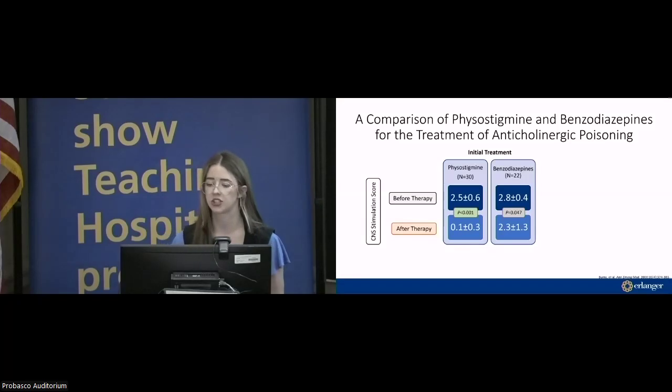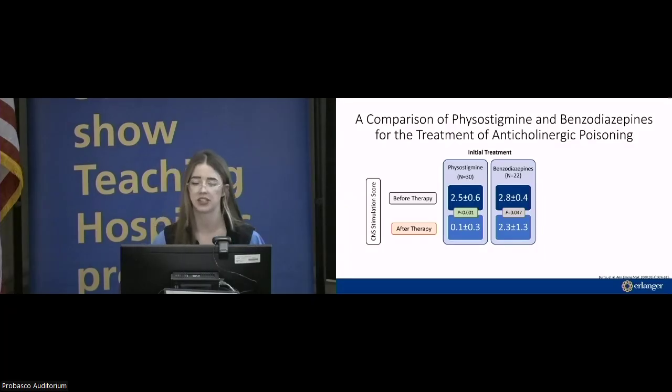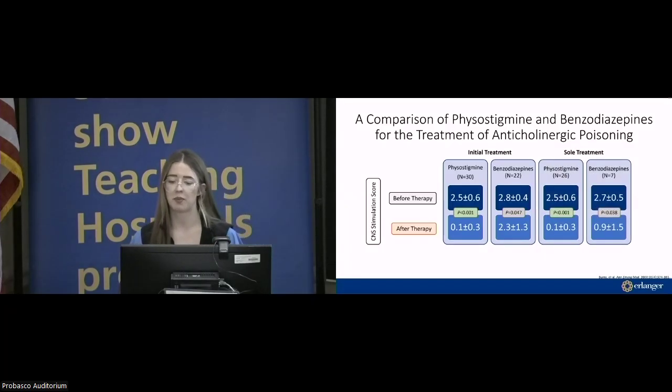In contrast, patients treated with benzodiazepines initially improved much less. Their mean post-treatment scores remained elevated at 2.3 when benzodiazepines were used initially. So if you remember how the study was designed, many patients received both physostigmine and benzodiazepines, which may muddy the picture when interpreting results.